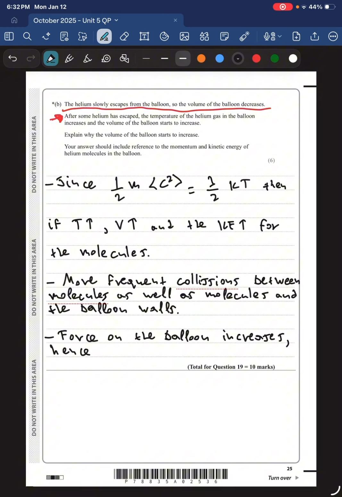Hence, the pressure, which is force per area, increases. Hence, the volume increases. Okay, I hope this makes sense.